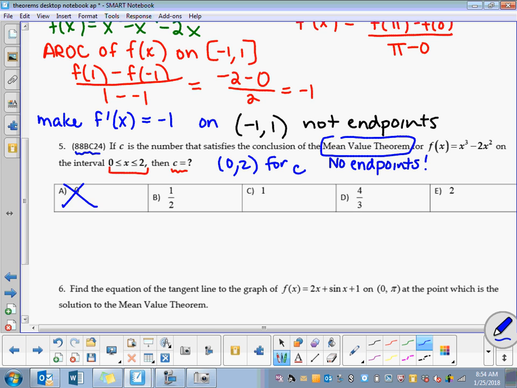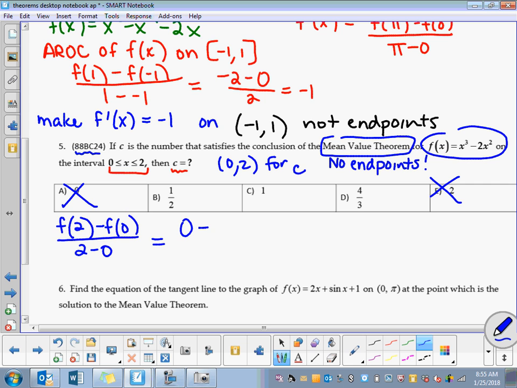So, bam, bam, can't be either of those guys. So we should be looking at f of 2 minus f of 0 over 2 minus 0. And here's my f of x. So f of 2 is going to be 0 minus, oh, look at all these zeros. So 0.